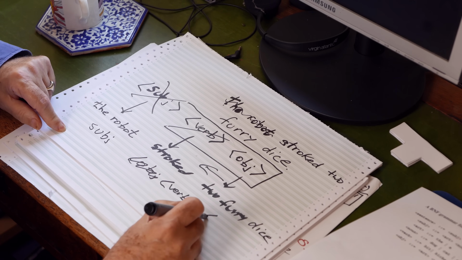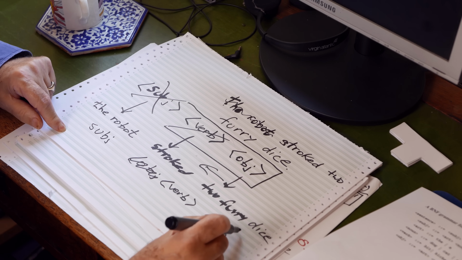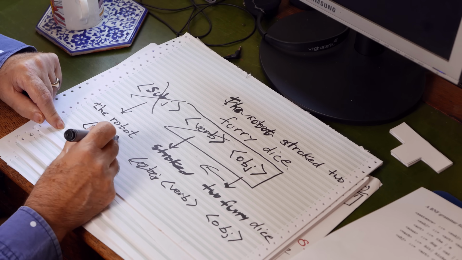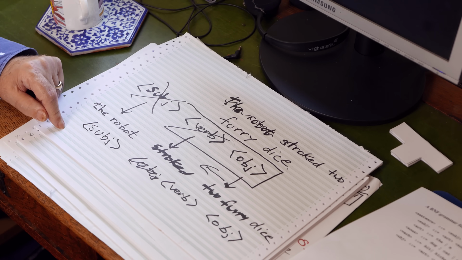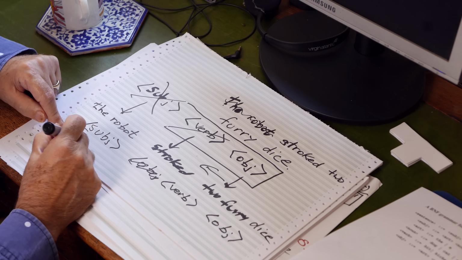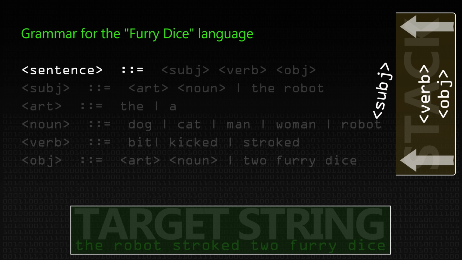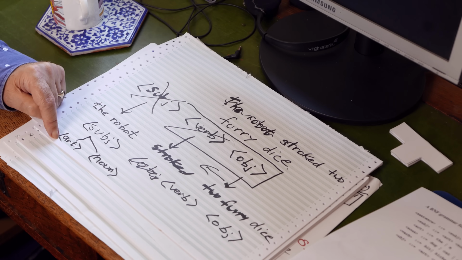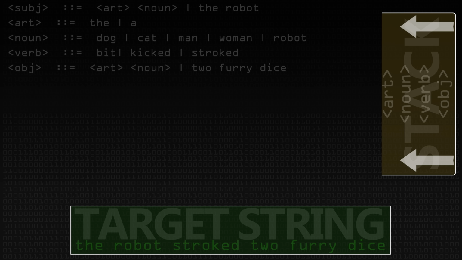Let's write down subject, verb, object, and right at the beginning, instead of taking the shortcut phrase the robot, I could have said subject can be an article followed by a noun. So the head of the stack would be, when we're starting off from the beginning again, an article to start with. Article is a or the. I'm looking at the string, I see the. Bingo. So article can be the, no problem.